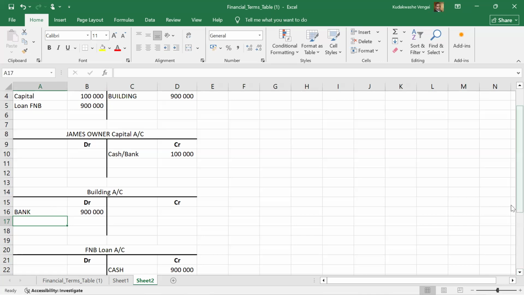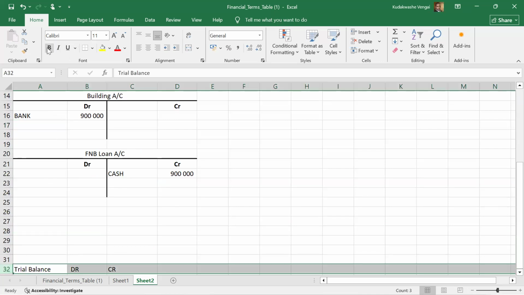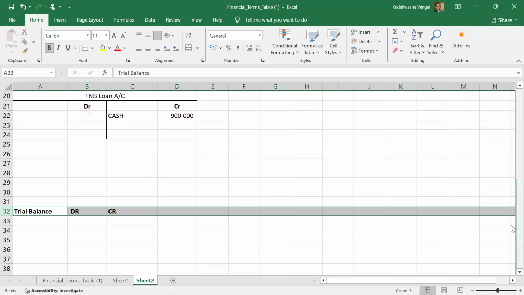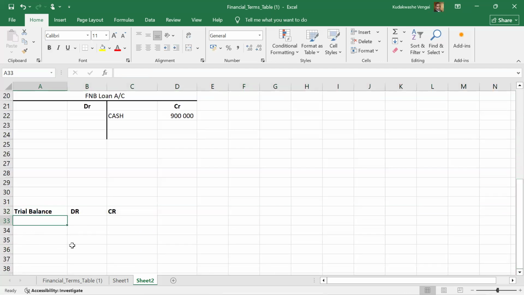At the end of the year, the accountant will then create what is called a trial balance. This is where I want you to understand me. This is what is important. A trial balance is the accountant saying how much money is in the bank account, how much money is in the building account, how much money is in the capital account, how much money is in the expenses account, and so forth.